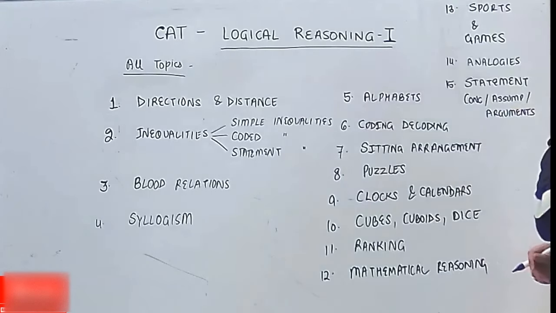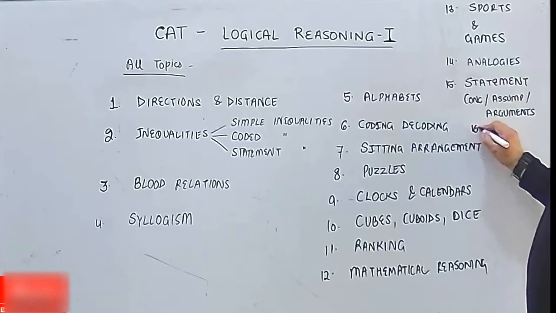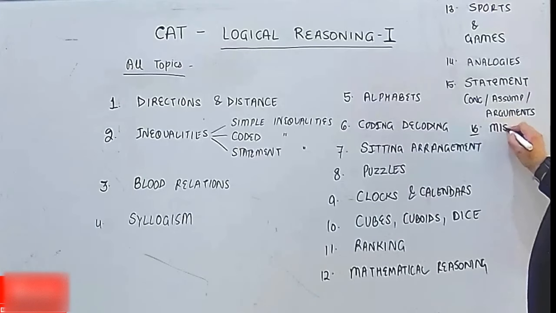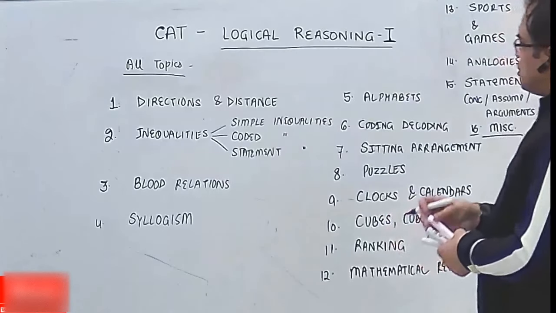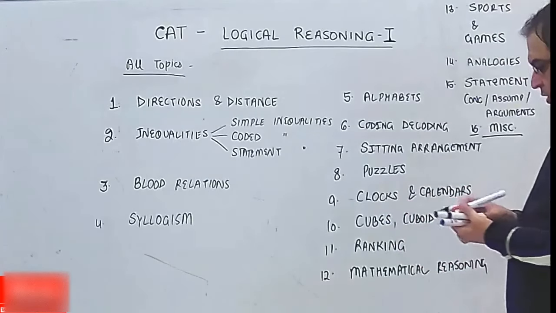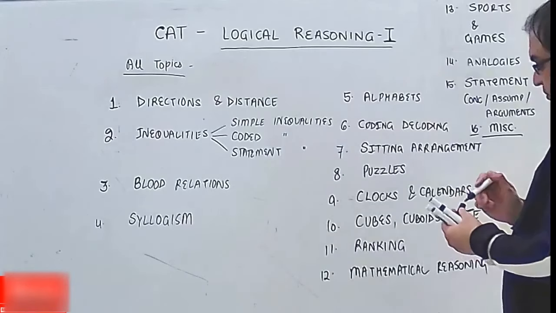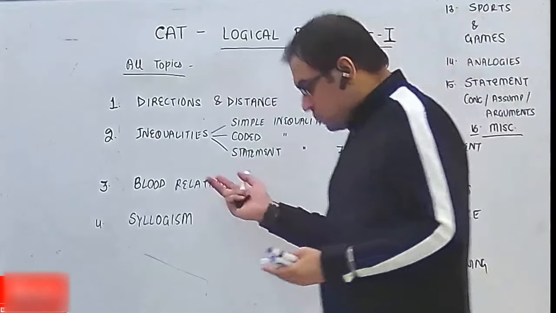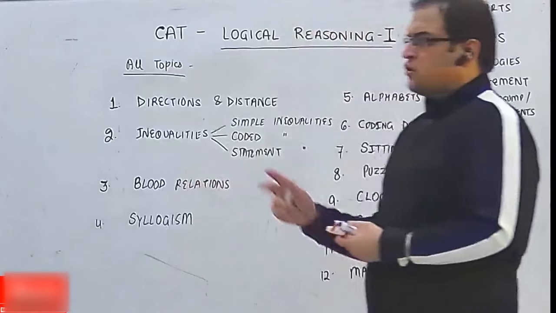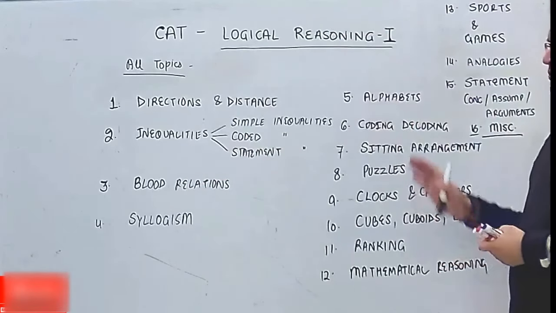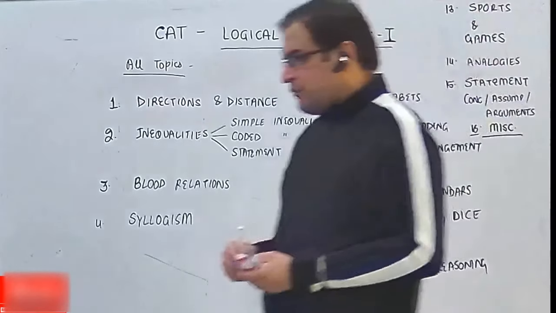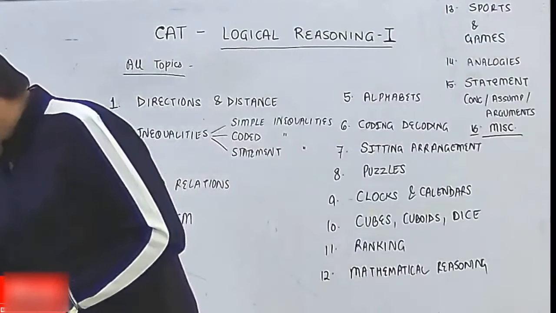Okay, so this is the 15th topic, and then the last, 16th topic, we'll cover miscellaneous type of questions. Okay, so majorly we'll be concerned with these 16 chapters, and one or two more plus or minus we will do as we move ahead. So this is the major syllabus that we'll be covering in the logical reasoning section.